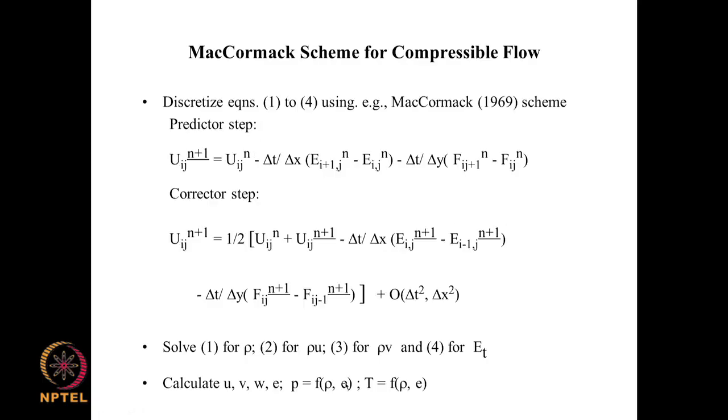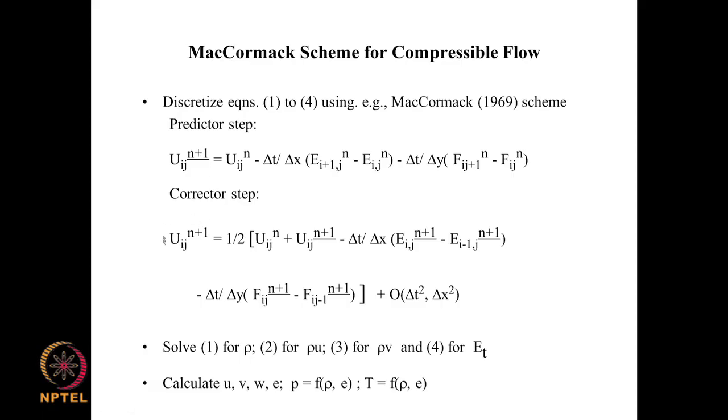Now, one final thing we would like to note is that if you look at this evaluation here, this is u i j n plus 1 bar, and it is expressed in terms of u i j n, e i plus 1 n, e i n, and f i j plus 1 n, f i j n. So, everything on the right hand side is at time step n. So, this is known, and therefore, this is an explicit evaluation of u i j n plus 1 bar.